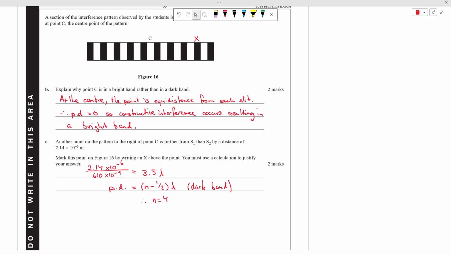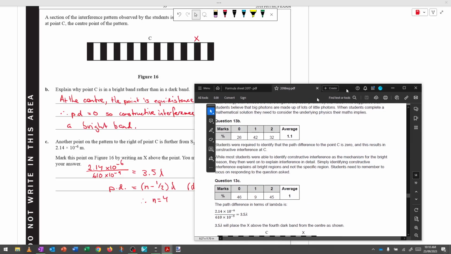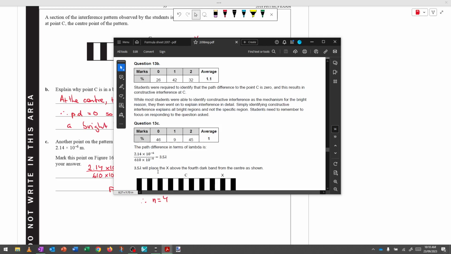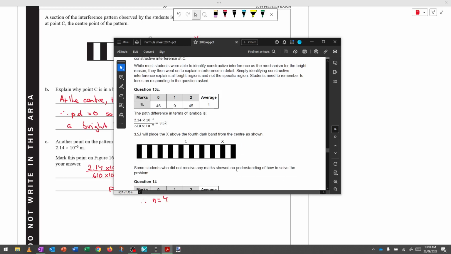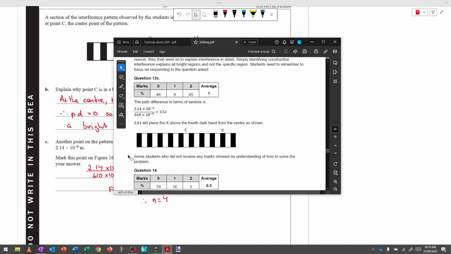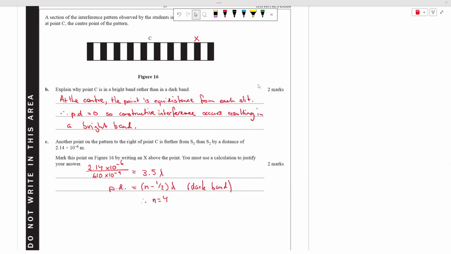Let's double check our answer. There it is. The path difference in terms of lambda is this, so that's what we did. 3.5 is 4 minus a half, so that's the fourth dark band from the center as shown. Some students who did not receive any marks showed no understanding of how to solve the problem. Thanks, examiner's report. You're very helpful. Let's move on.